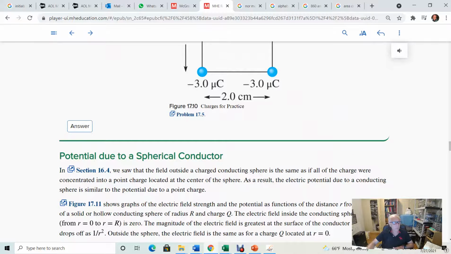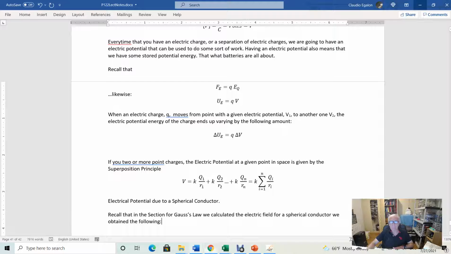Potential due to a spherical conductor. A charged conducting sphere is what the book is talking about: the electric potential due to a charged spherical conductor. So what did we get there before?